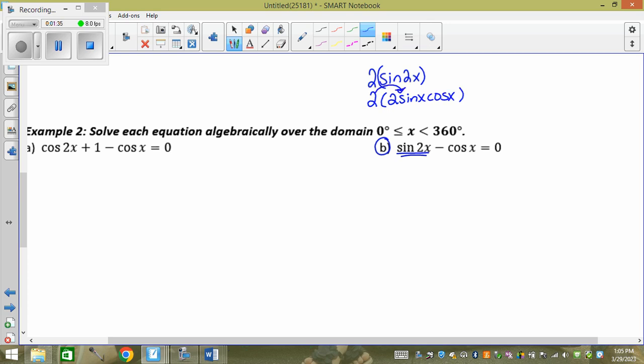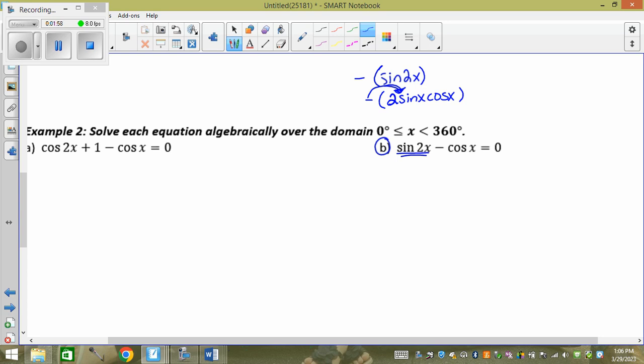Do you see that? If instead of a 2, let's say it was a negative 1 sine 2x, well, now I would have a negative 1, and I would have to put that still in. So if there's something in front of what you are inserting, you have to have brackets. But if there isn't, you can just insert it.